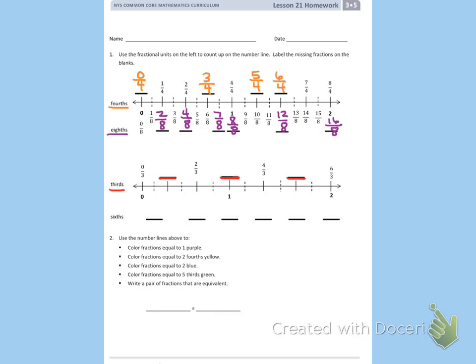After you finish labeling the thirds on the number line, you will label sixths. First you have 0. And then how many sixths do you have on each of the places labeled here? Now be sure to look where the line is so that you put it on the correct spot.